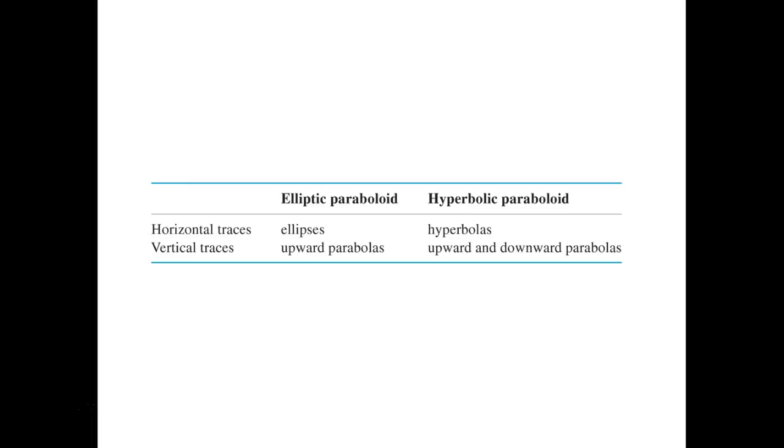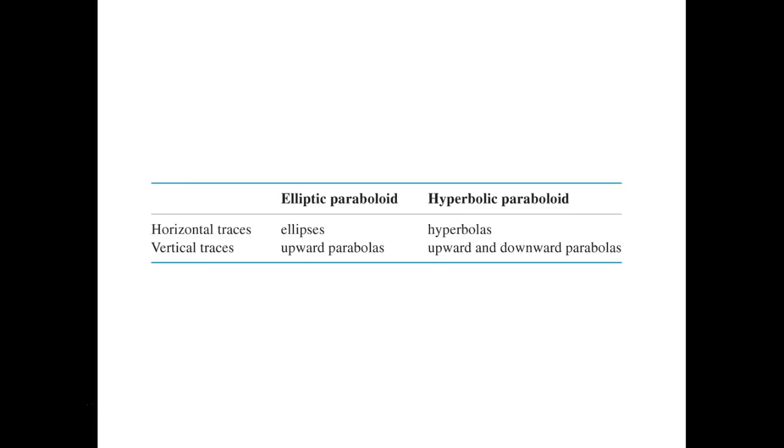For the elliptic paraboloid, your horizontal traces, those are your level curves parallel to the horizontal plane, are all ellipses. These are not your ellipsoids, these are elliptic paraboloids. They've got the slides out of order a little bit here.